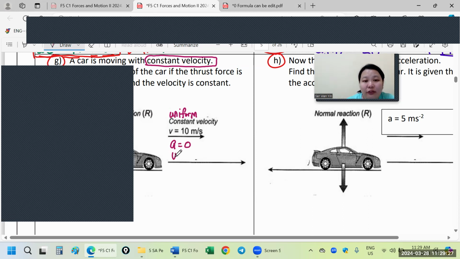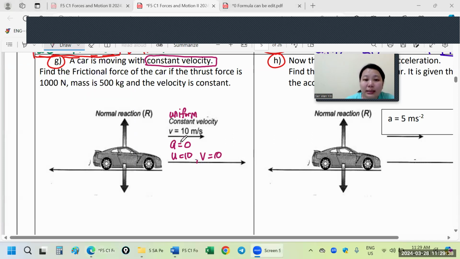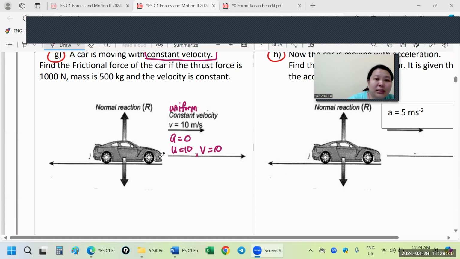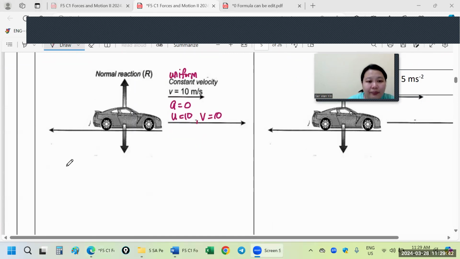Why? Because with uniform velocity, initial velocity is 10, final velocity is 10. 10 minus 10 is 0. So acceleration 0 means we can get one conclusion already.